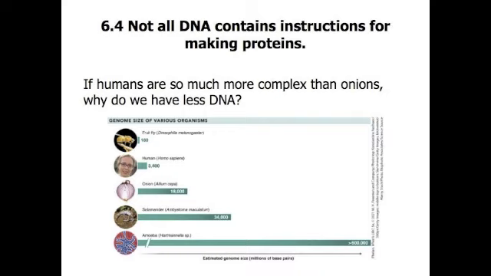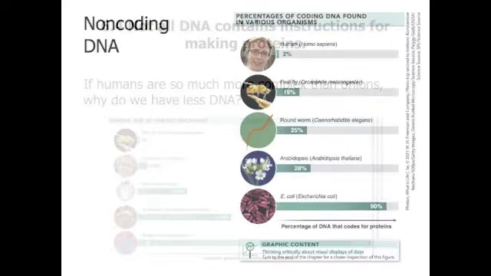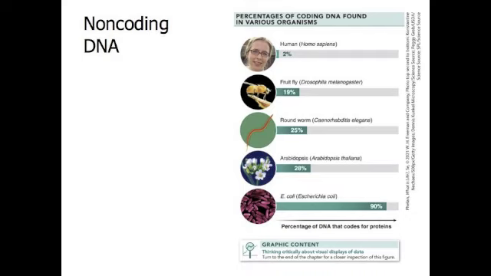In almost all eukaryotic species, the amount of DNA present far exceeds the amount necessary to code for all the proteins in the organism. Moving on, the fact is, a huge proportion of the base sequences in DNA do not code for proteins, and most of these have no known purpose.